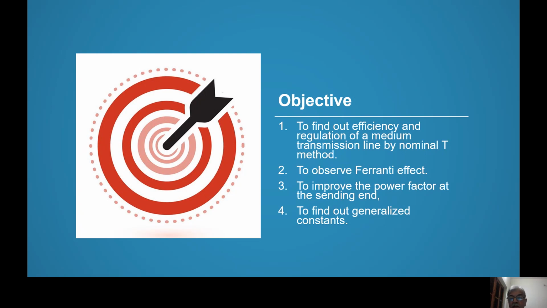You have to improve the power factor at the sending end, because the inductance of the line is deteriorating the power factor, right? So one has to improve the power factor. And you have to find out the generalized constants as usual.